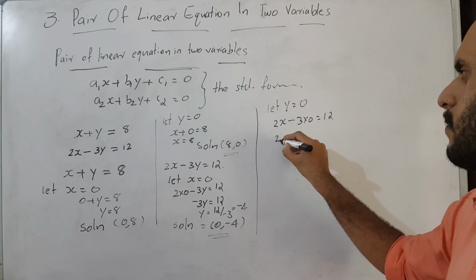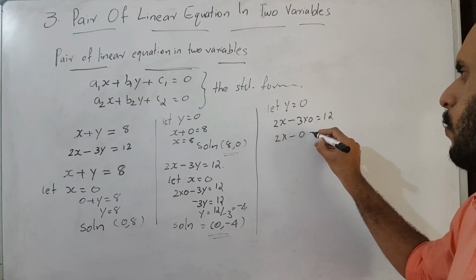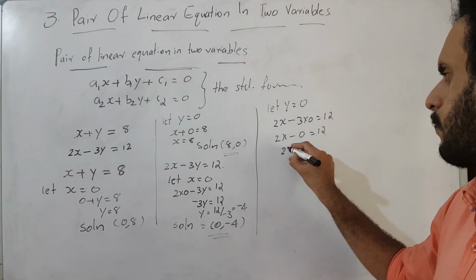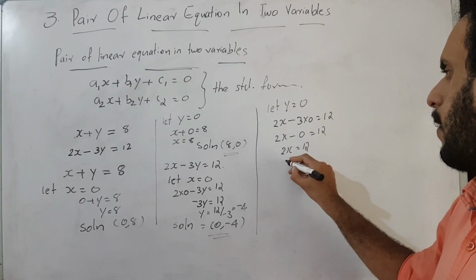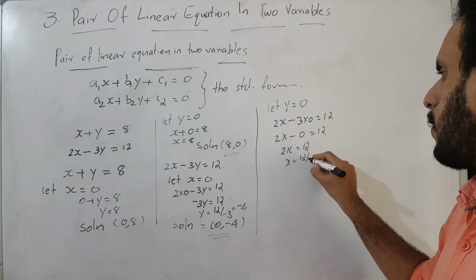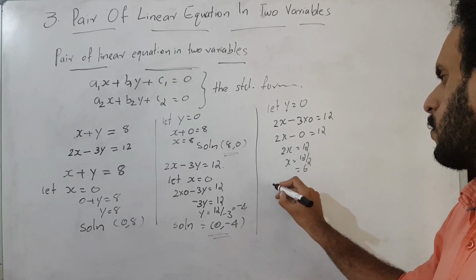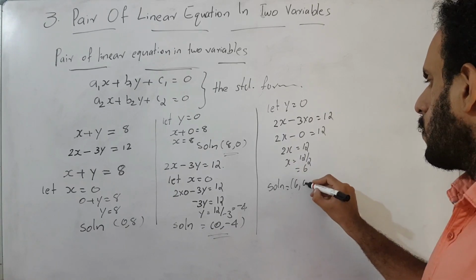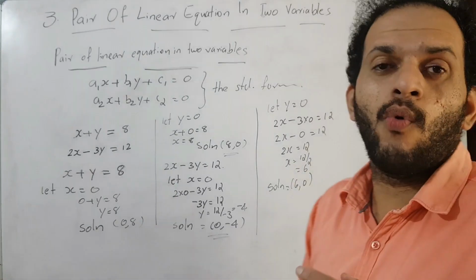Then 2x minus 0, that is 2x, is equal to 12. x is equal to 12 by 2 is equal to 6. So the solution is 6, 0. Okay, now we got it.